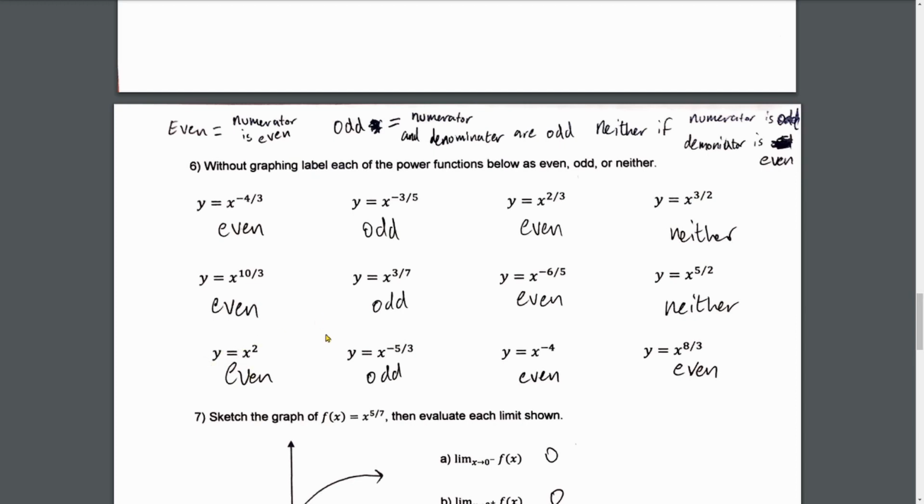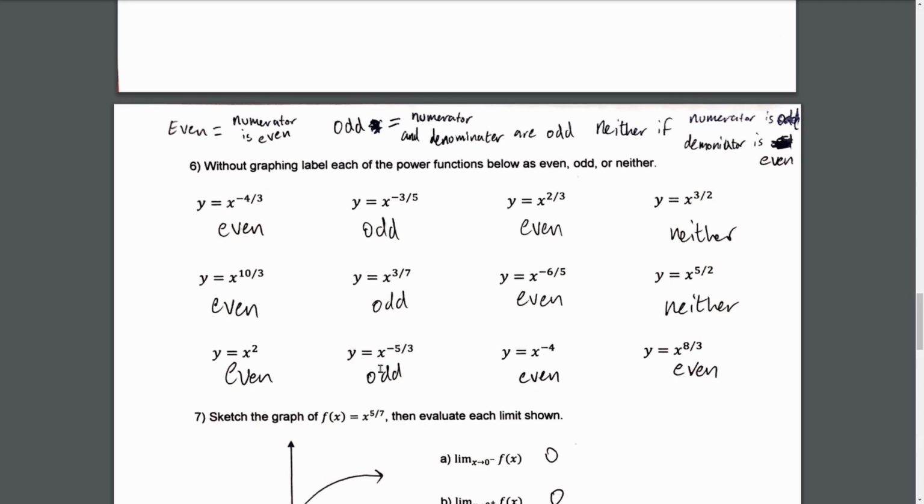This is even. Next we have y equals x to the negative 3 over 5. Both the numerator and the denominator are odd, so this function would be odd. Next we have y equals x to the 3rd over 7th. Both the numerator and the denominator are odd, so the function would be odd.